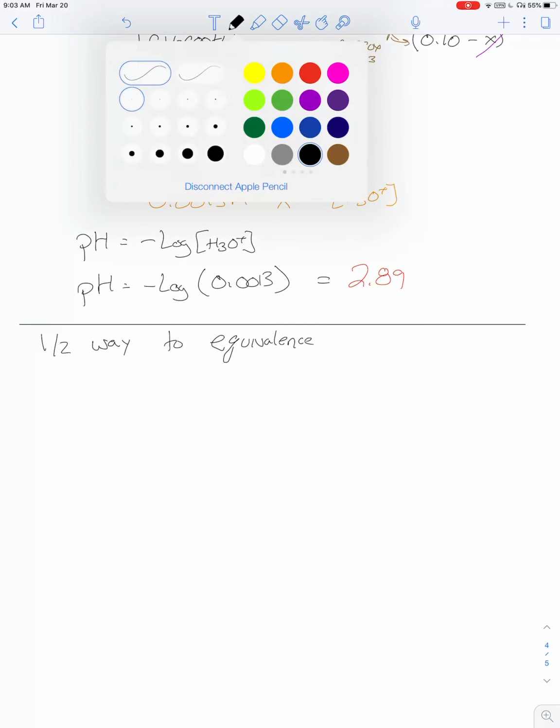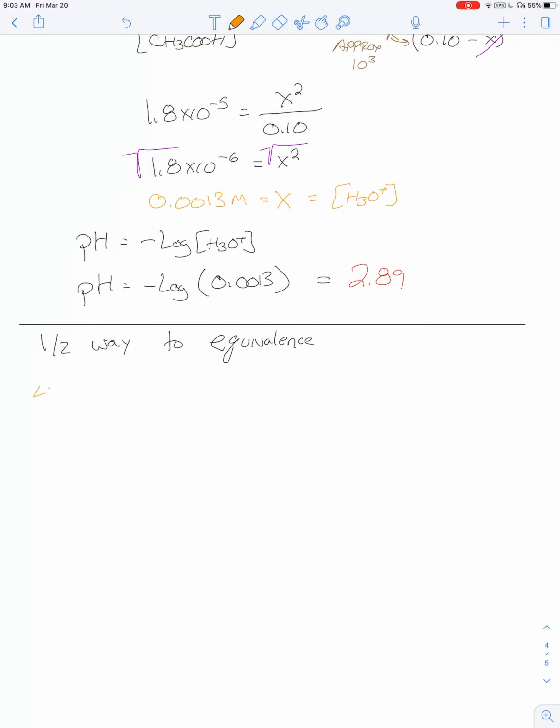All right, so acid-wise, we have 40 milliliters of 0.10 molar acid, which gives us 0.004 moles or 4 millimoles.